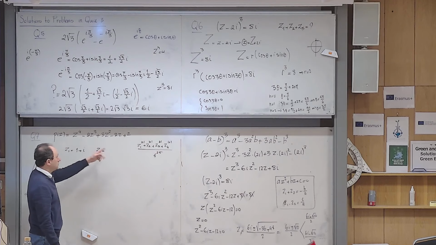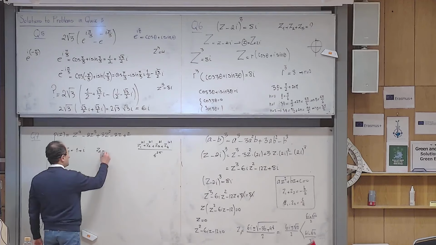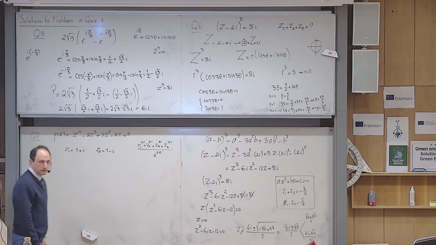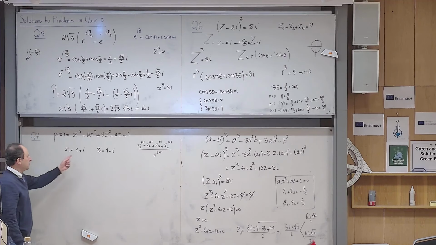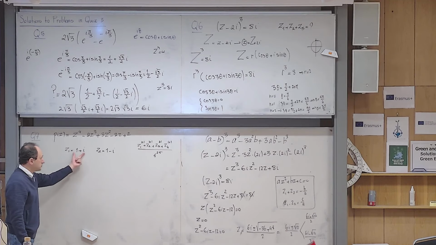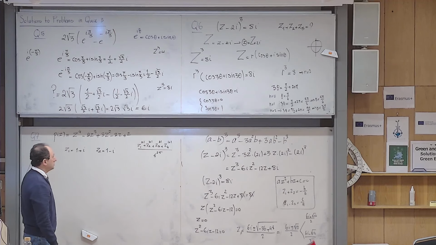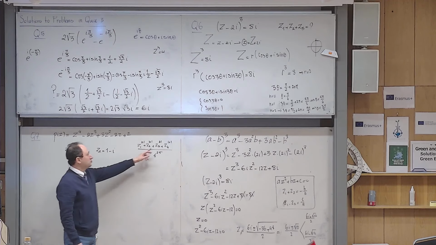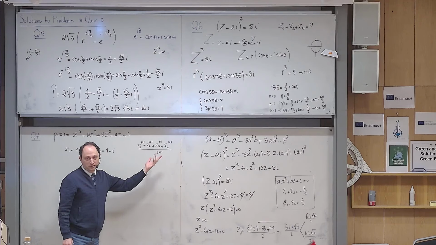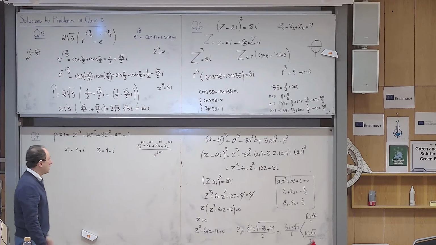So if you don't mind, because it is symmetric, let me call Z2 to be 1 minus i. Yes? So I know that one of them, according to the problem, is this one. According to my own understanding of the problem, the other one is this one. So in principle, I just need to find the other two. Yes? Okay? So how should I do that?